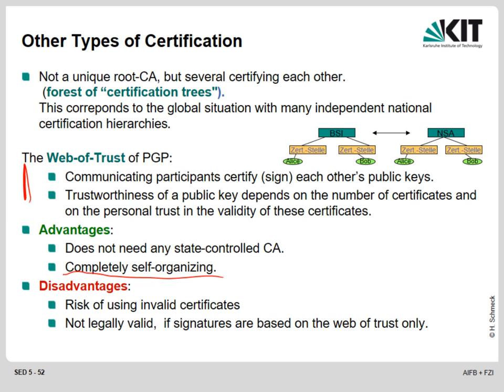We don't need any state-controlled certification authority. But if you want to do something which is legally binding, you have to use these kinds of certification authorities. Okay, that's about digital signatures, and in that way we can also introduce possibilities to check the integrity of information.